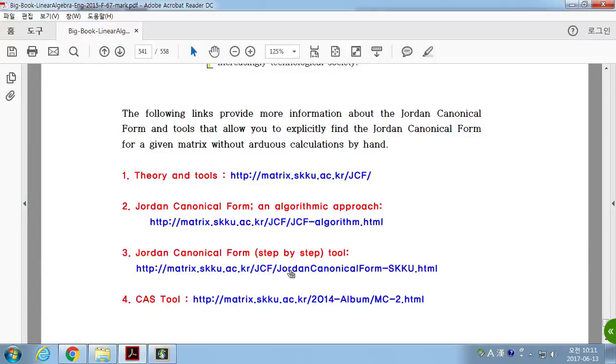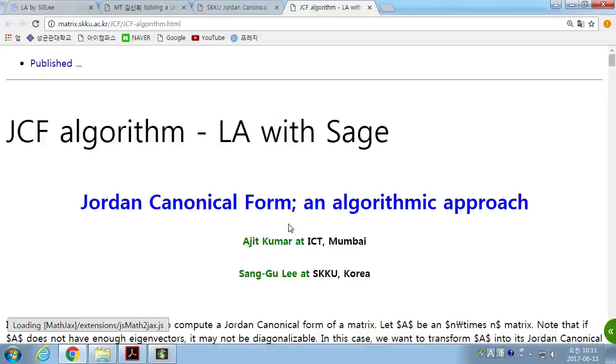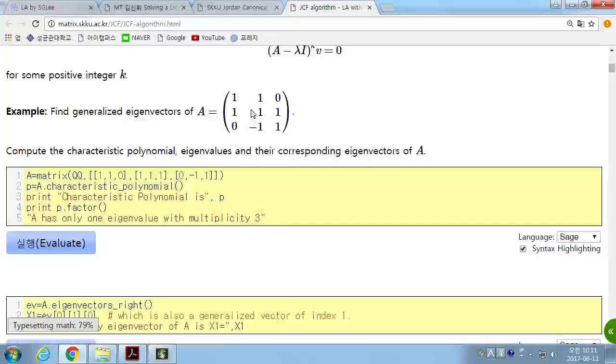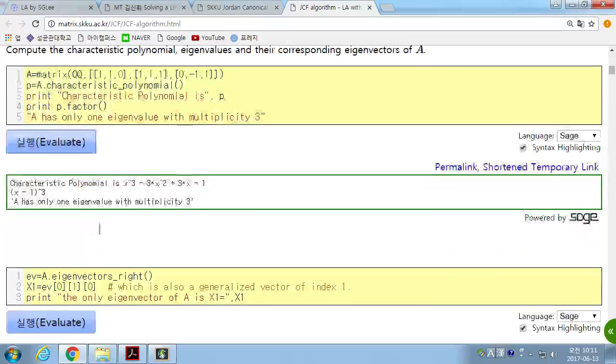This is also an algorithmic approach for finding eigenvalues. Suppose you have a matrix A like this, then you find the characteristic polynomial first. Then you have the eigenvalue 1, whose algebraic multiplicity is 3.